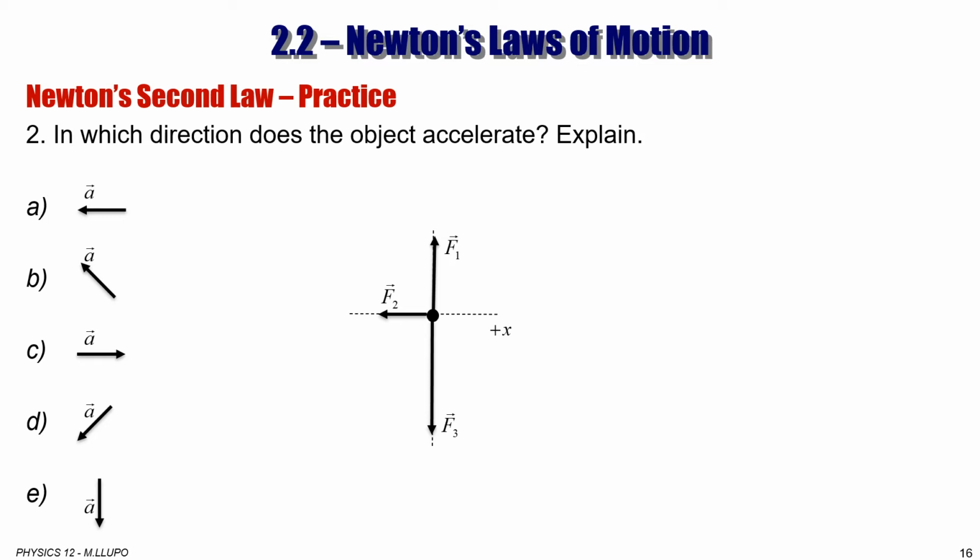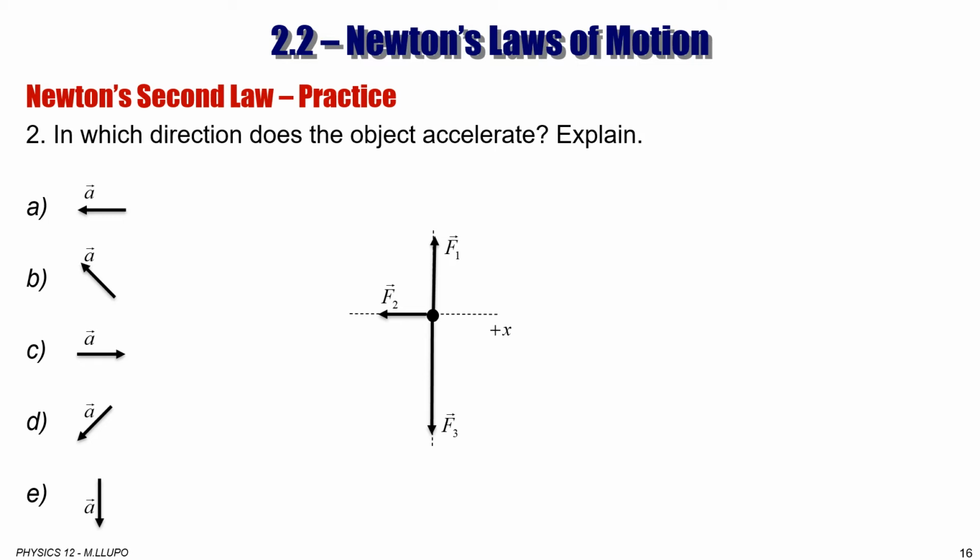And E is not correct, because you cannot ignore F2. If F2 did not exist and we had only vertical forces, then E would be an answer, which in this case it is not because F2 exists.